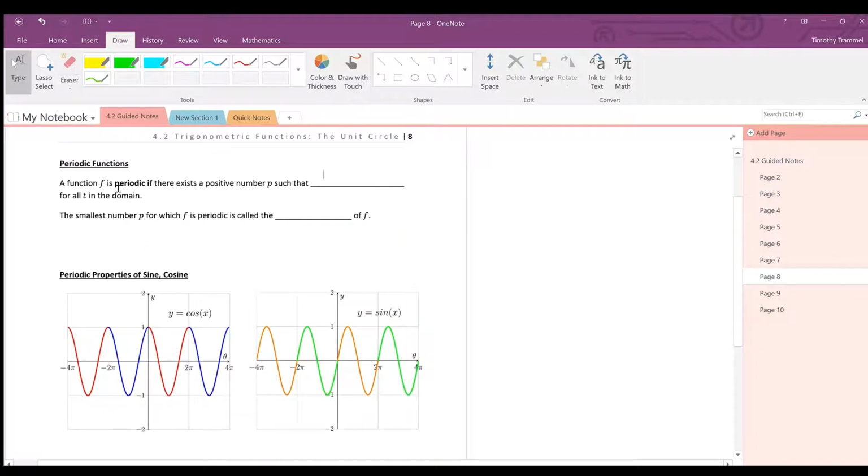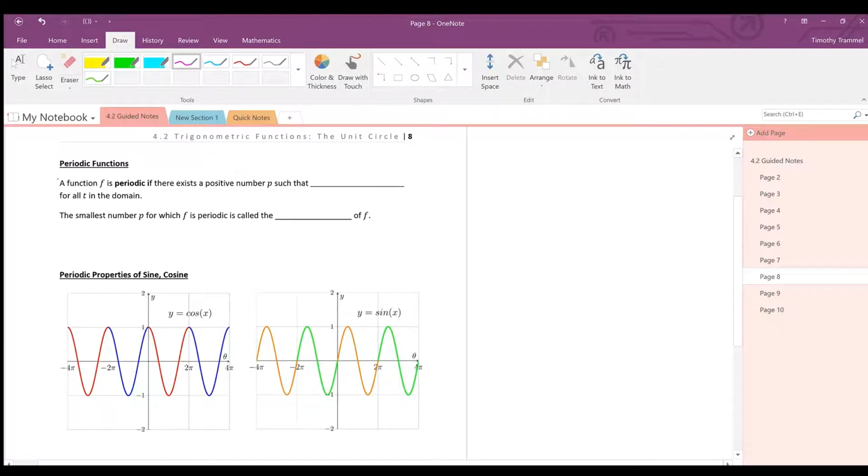On to periodic functions. It ends up that all of our trig functions are what is called periodic. I'm going to write down the mathematical definition, but I think we'll get a much better idea of what periodic is when we look at it graphically.